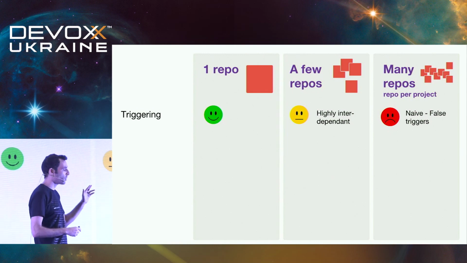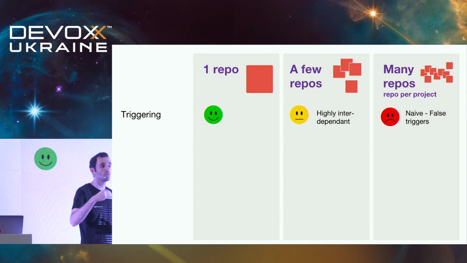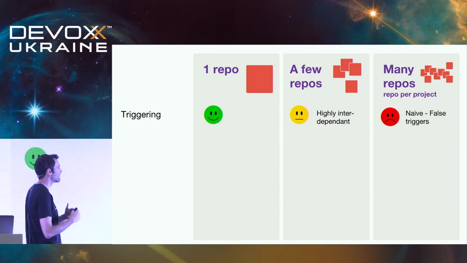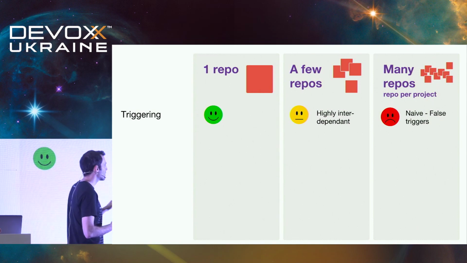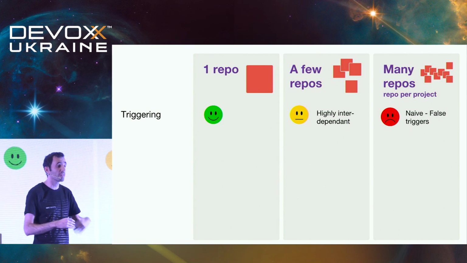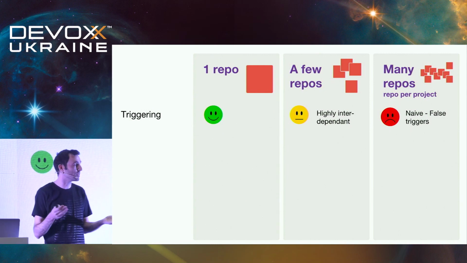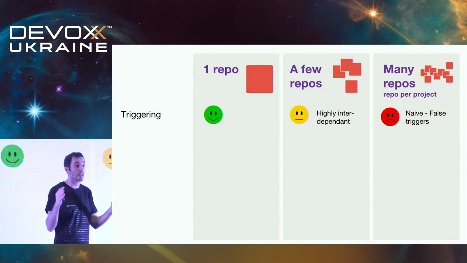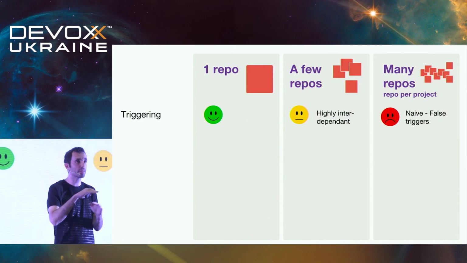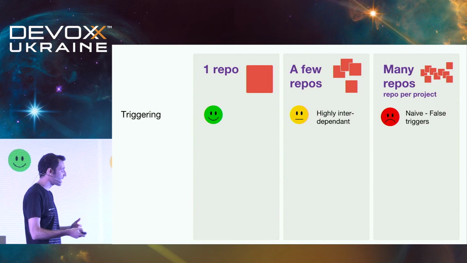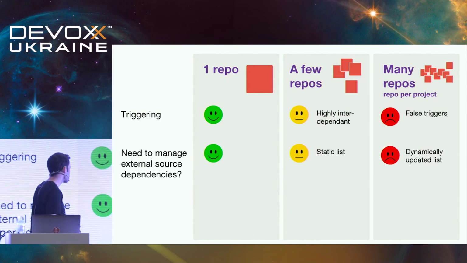So am I going to trigger all the other repositories to build and to keep that consistency? So you'll probably have, in the naive approach, a lot of false triggering that you don't really need. On the other hand, with only a few repositories, if you consolidate them, that means you have high interdependence between the repositories, and you won't get any false triggering.